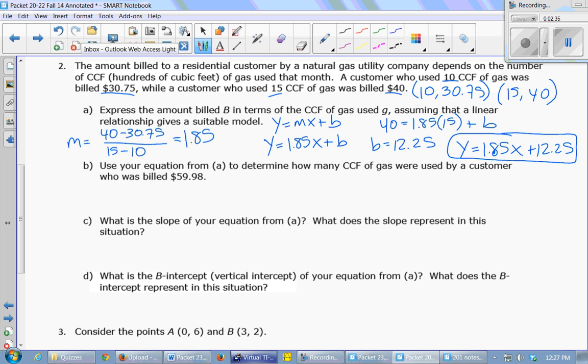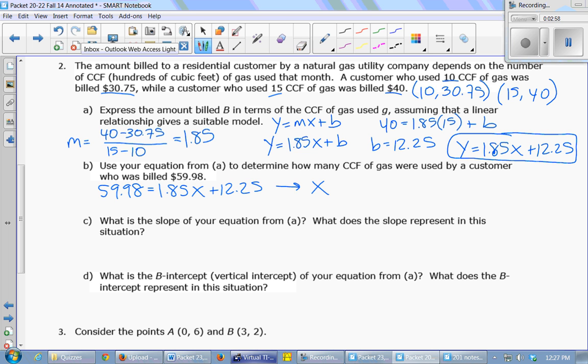Now use that equation to determine how many CCFs of gas were used by a customer who was billed $59.98. The billing price is being represented in this function by y. So I'm going to put $59.98 in for y, and I want to solve for x, the number of CCFs used.